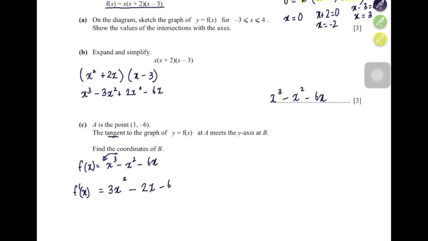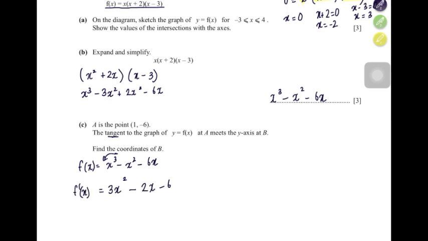Then minus 6x: x has power 1, the 1 comes down and 1 minus 1 becomes 0, so no need to write x. 6x becomes 6, so minus 6.